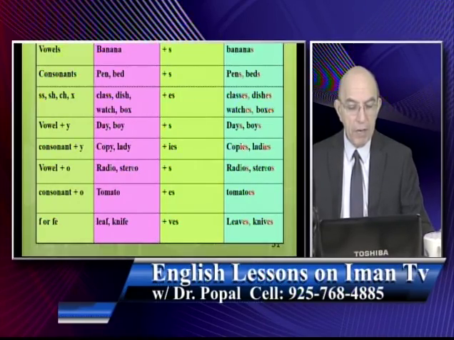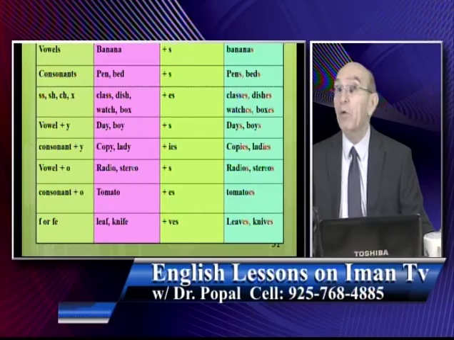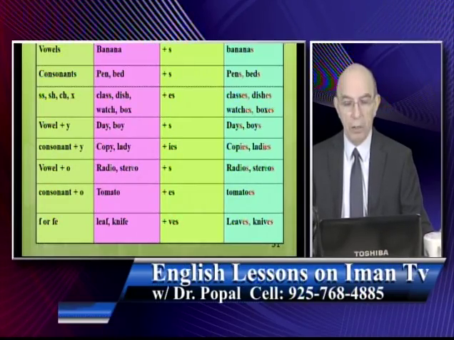If you have a vowel at the end, and before that is also a vowel, then you only add S. Okay? So you say radio, stereo, you make it radios, stereos.